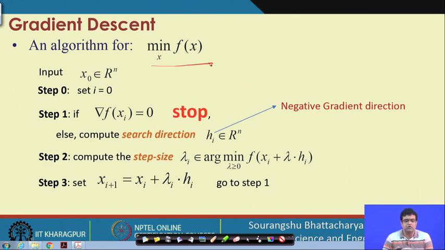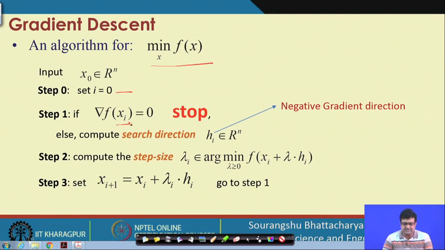The algorithm works iteratively, in steps that are executed many times. In the first step you set i equal to 0. Now, at x i, which is x 0 in this case, if the derivative of f of x is 0, then we stop because we have already reached a local minimum. Otherwise, you compute a search direction.